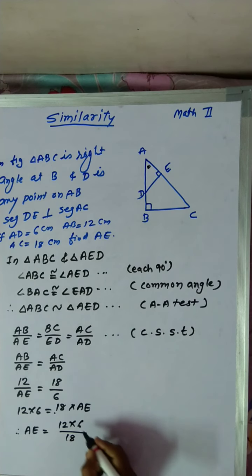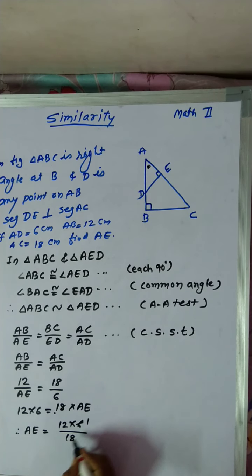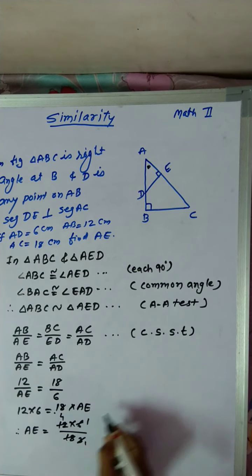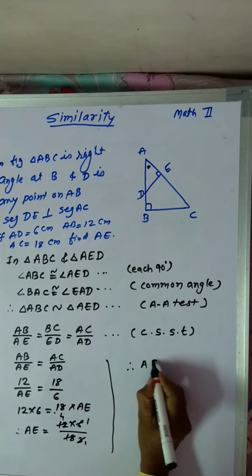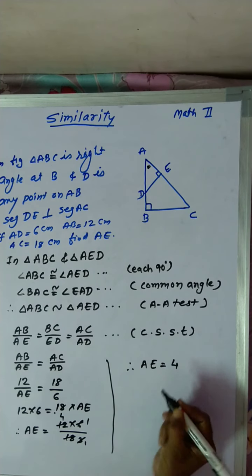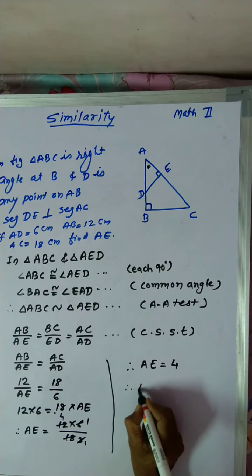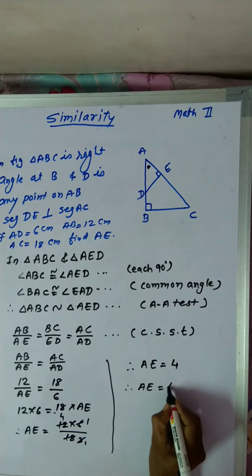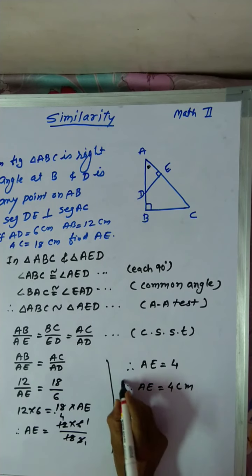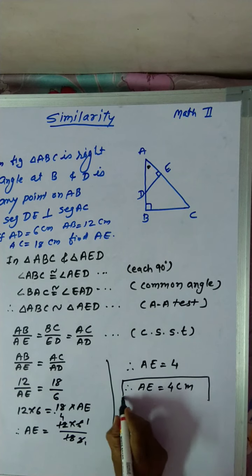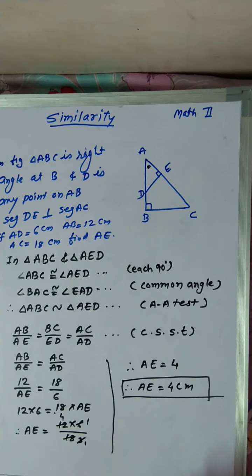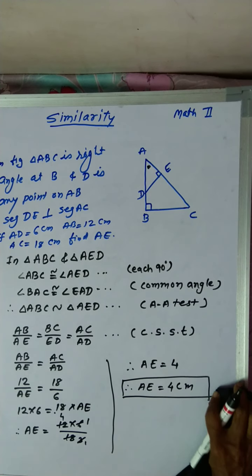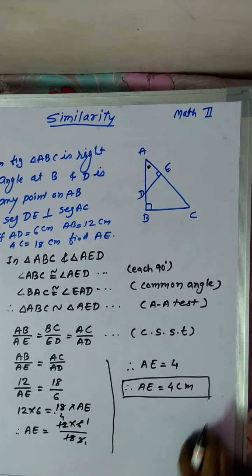By simplifying, 6 3s are 18, 3 4s are 12, hence we get AE is equal to 4. That means AE is 4 centimeter, which is our final answer, because these are given in centimeter.